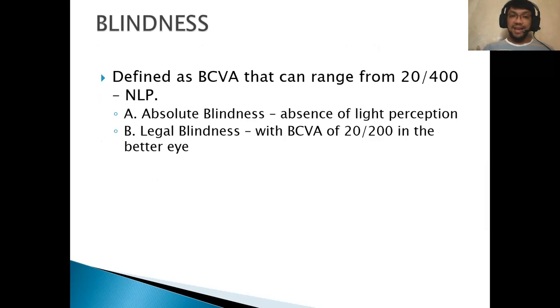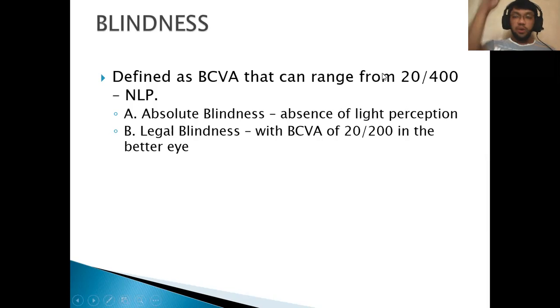Now, for blindness, this is defined as BCVA that can range from 20/400. And with this, if you have absolute blindness, this is absence of light perception.